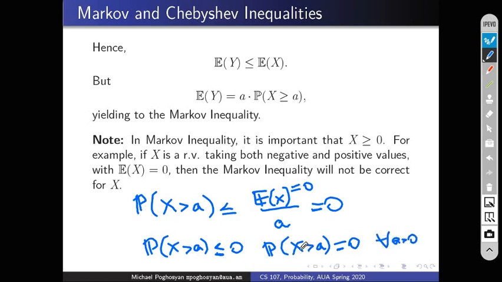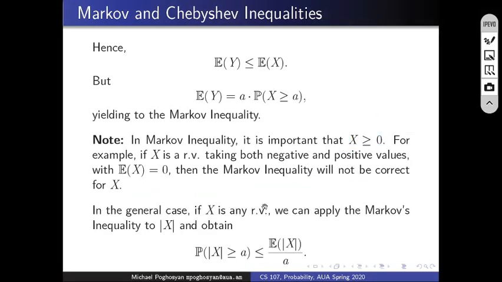So this means that x is not taking positive values. But I was talking about the case when it is taking both negative and positive values and the mean is 0. So the Markov inequality will not be correct, in general, if x is taking negative values. So it is important to use Markov inequality if we have a non-negative random variable.